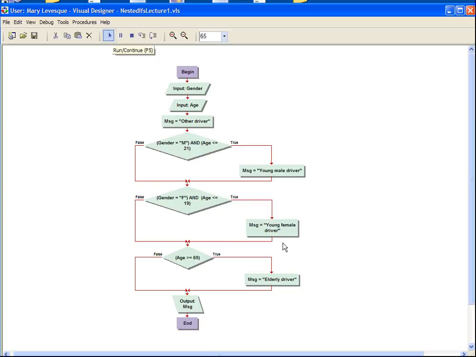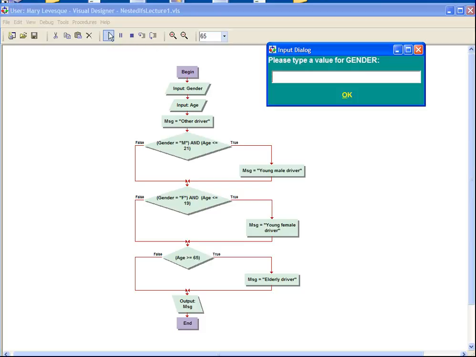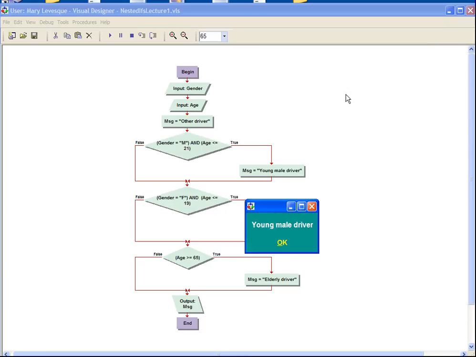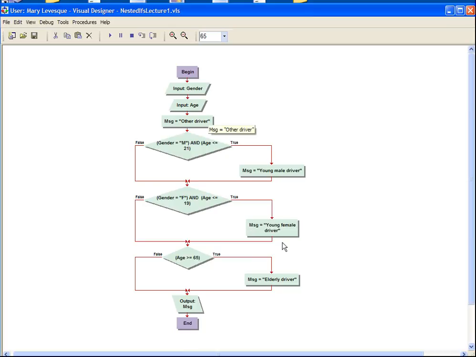But let's take a look at the 16-year-old male driver. Let's see what happens there. We get the right answer. However, let's trace through. We input male, 16. We put other driver in the message box.